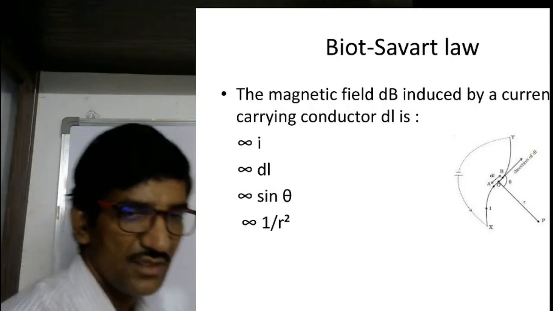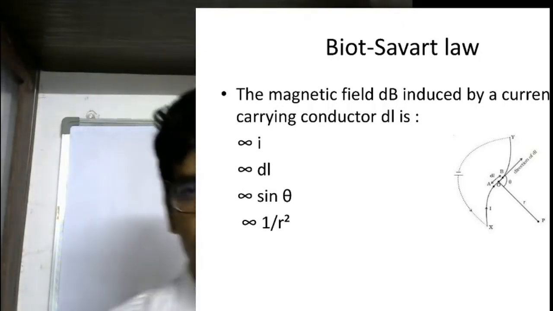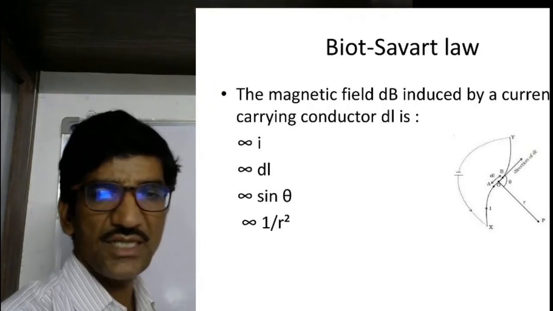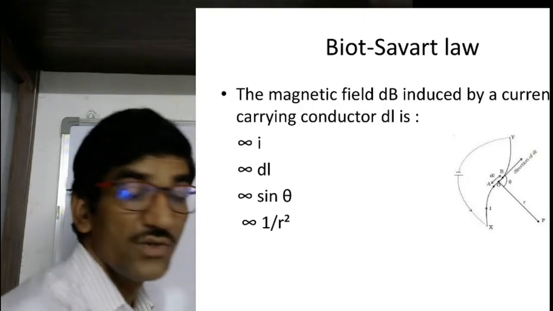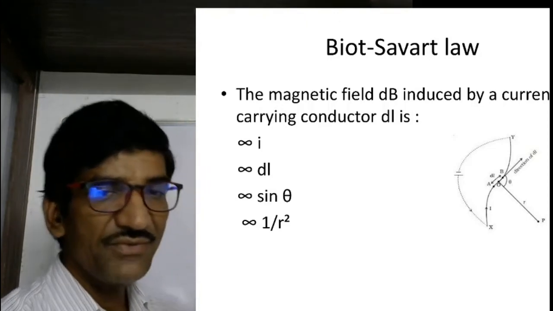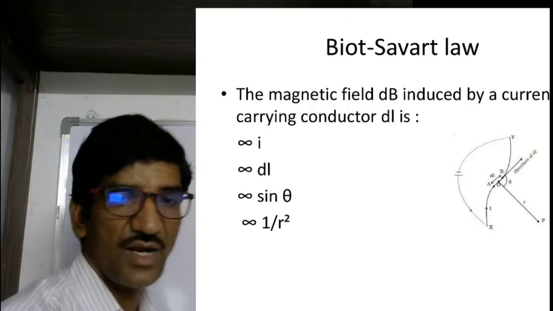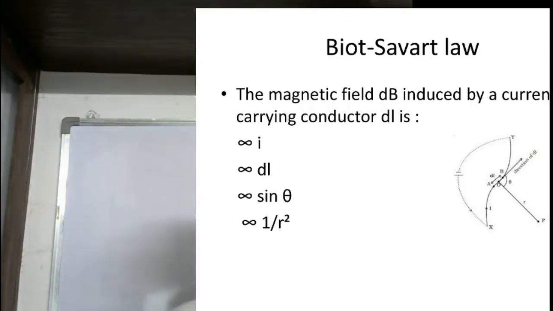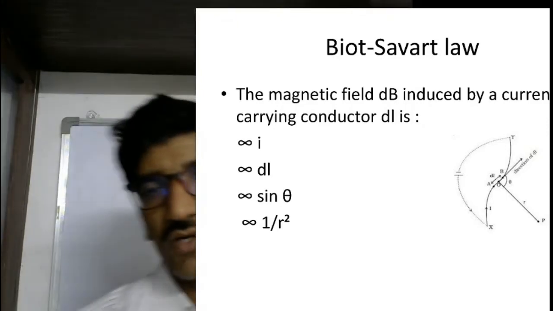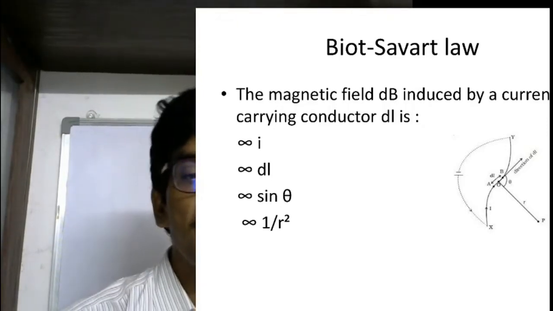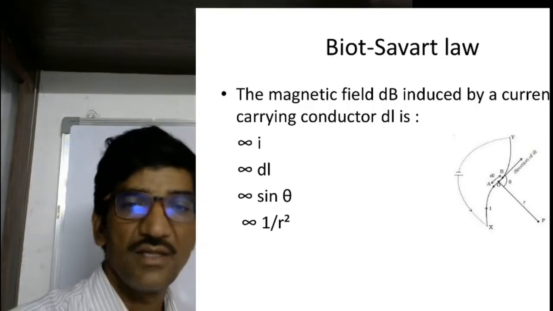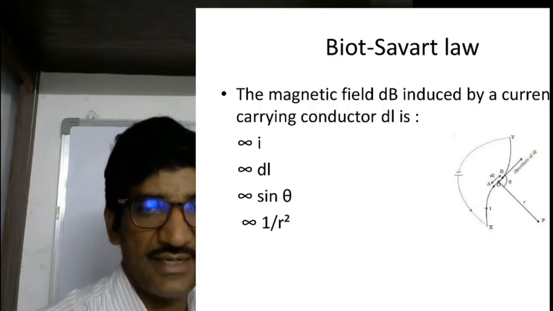Its total length may be L, but what we are considering is only an infinitesimal element of that wire, that means dl. What we are observing is how much magnetic field is induced by that infinitesimal length of the current carrying conductor.